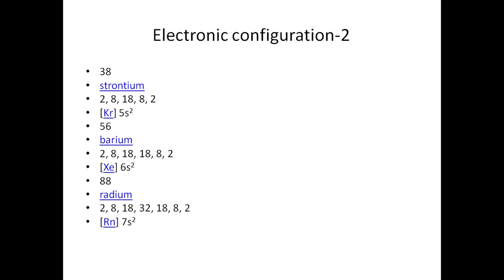Then radium, atomic number 88, has configuration 2, 8, 18, 32, 18, 8, 2 with the radon inert gas configuration of the inner shell, while the outermost shell comprises 2 electrons in the 7s orbital, that is completely filled, and that is the common trend followed by the group 2 elements of this s block.